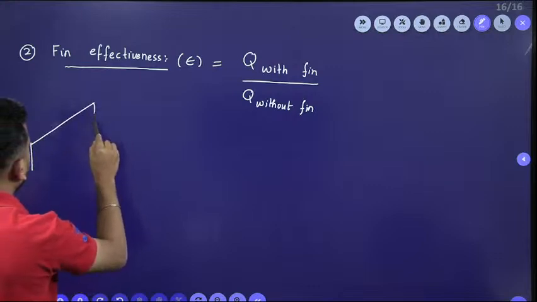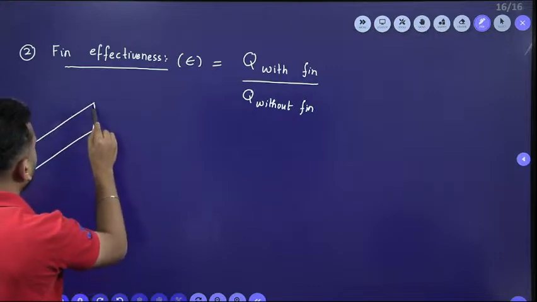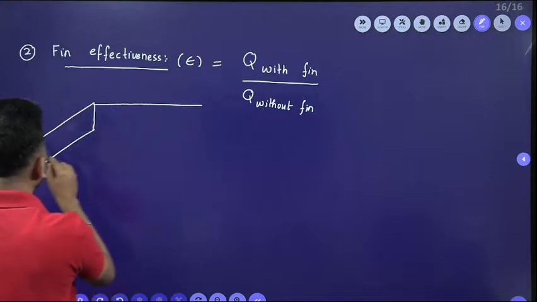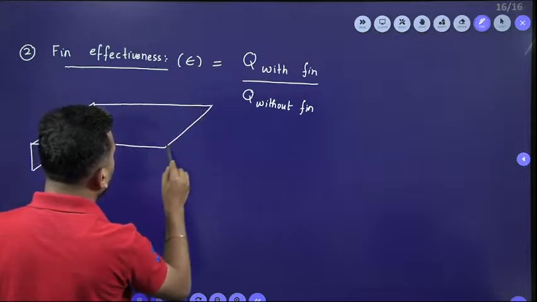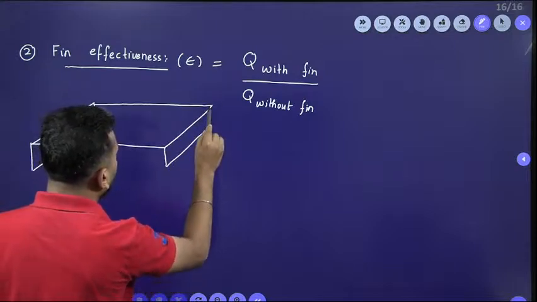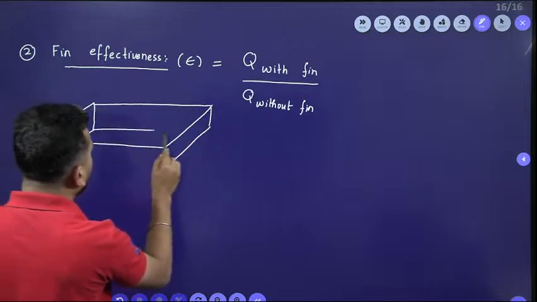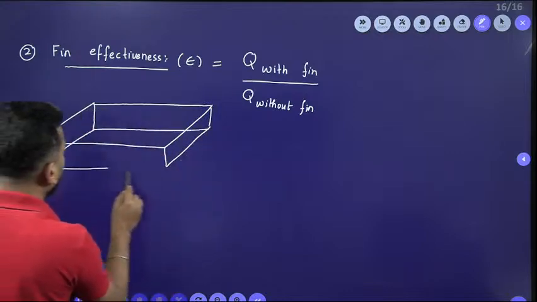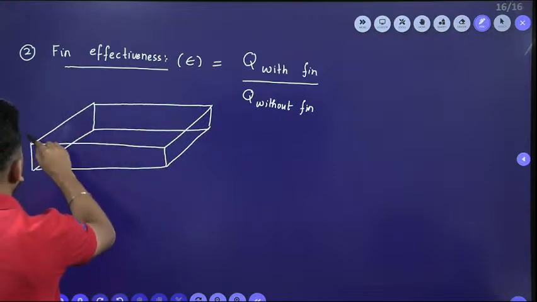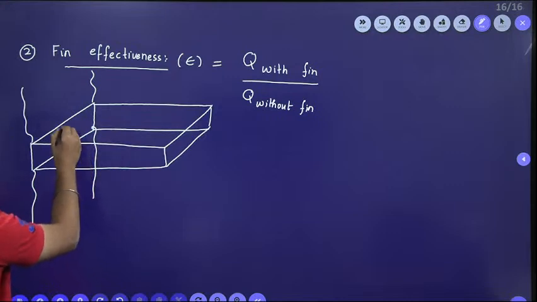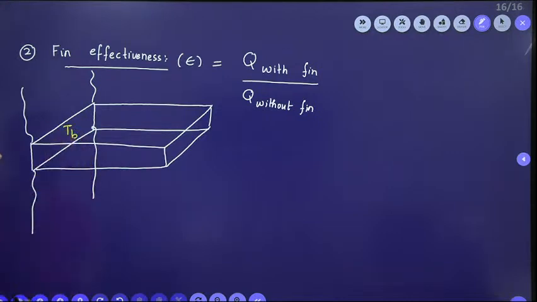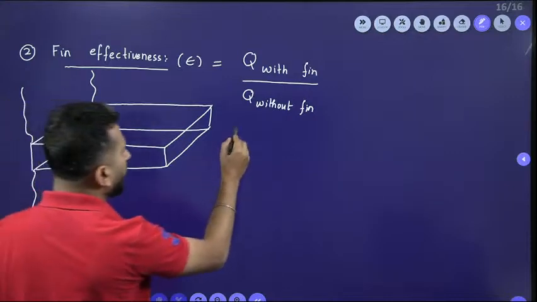For example, this is the fin attached to that surface. Now suppose this fin was not there, so this is the temperature of the base. When fin is not there, what will be Q without fin?